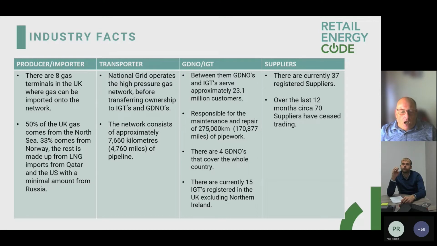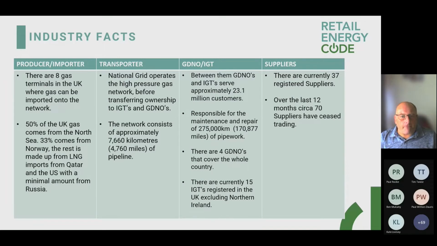Basically, organisations can bid to take those customers on, but you're also taking the debt and all the associated risks that come with that. In certain circumstances, organisations may be appointed as a supplier of last resort because it's easier. So there are a few challenges relating to that.